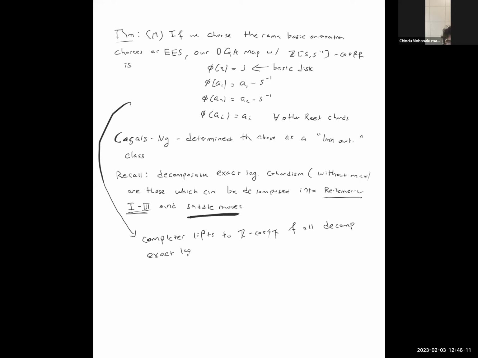Because recall that the mini dip picture implies the full formula for an exact Lagrangian cobordism. And moreover, it's still an open question whether there's any non-decomposable exact Lagrangian cobordism. So this is a very large class of exact Lagrangian cobordisms, at the very least, if not all of them. So, okay, great.